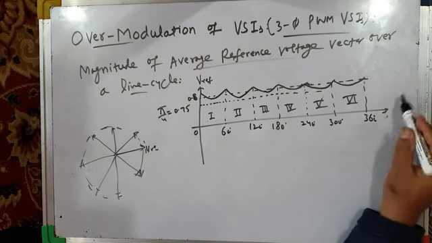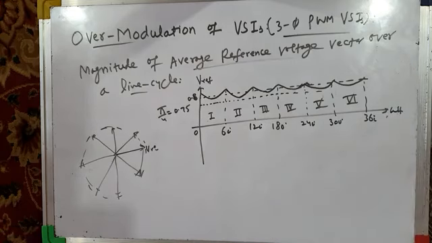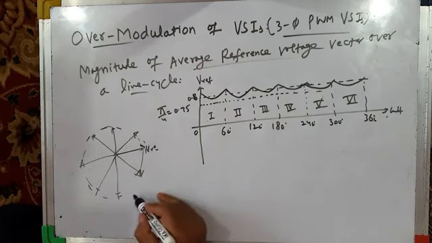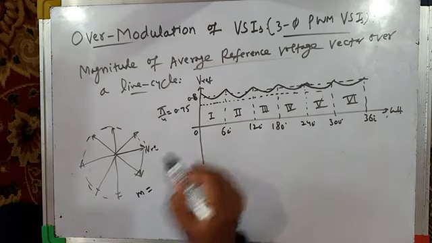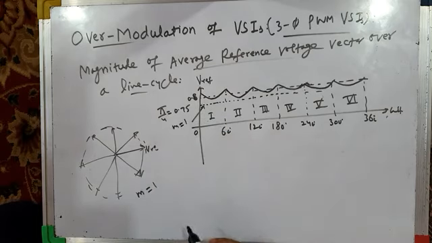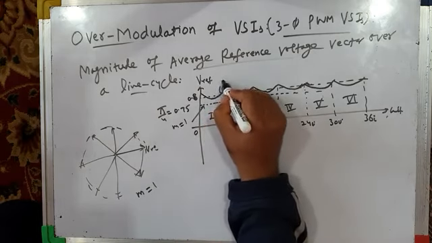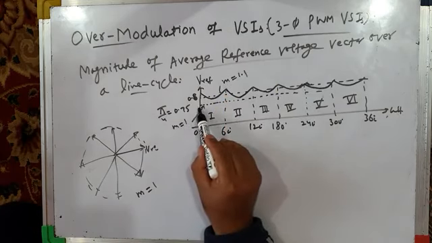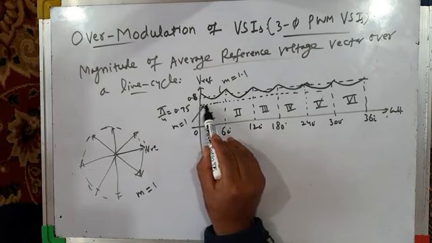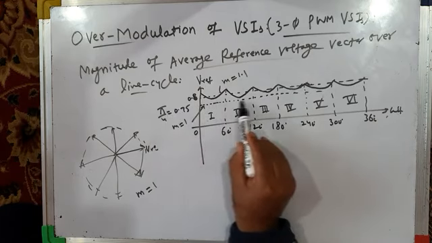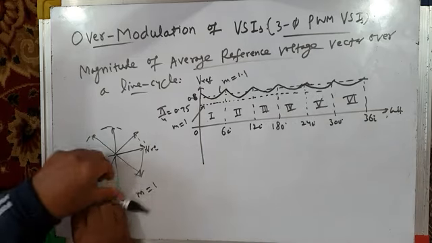This is omega t. So you can see for sinusoidal operation of your inverter, for under modulation up to a modulation index of 1, here m is equal to 1, and here m is not 1, here m is equal to 1.1. For a modulation index of unity, your rotating reference vector has maximum amplitude, pi by 4, that is 0.75, and it remains constant because it traces a circular trajectory.